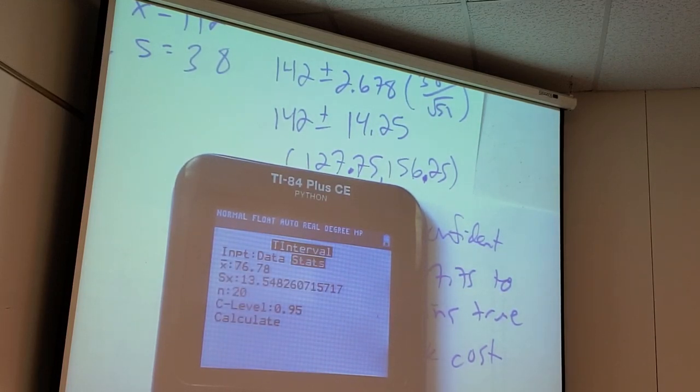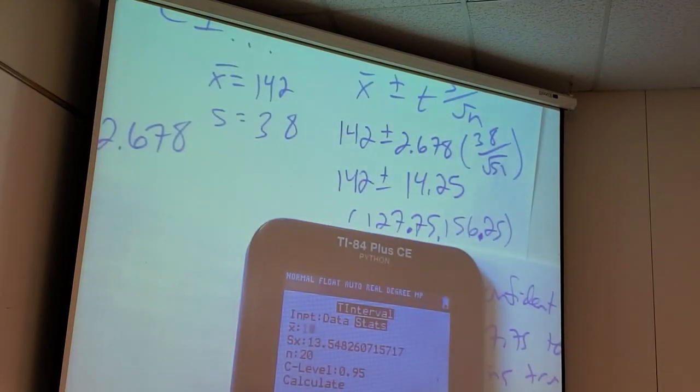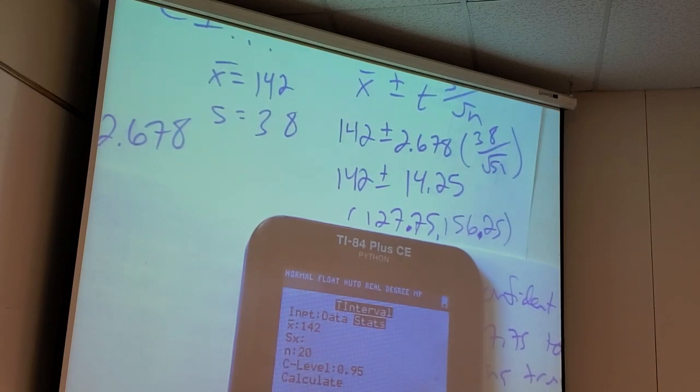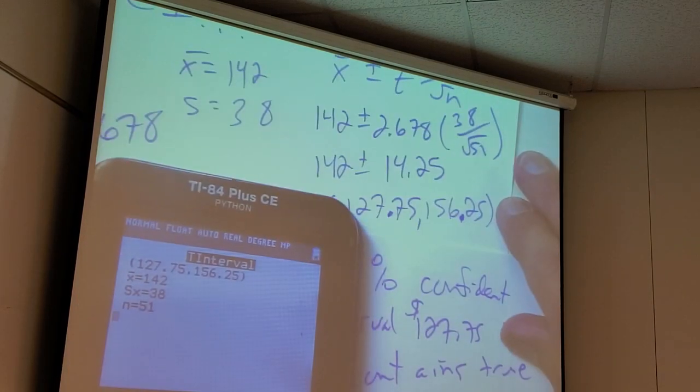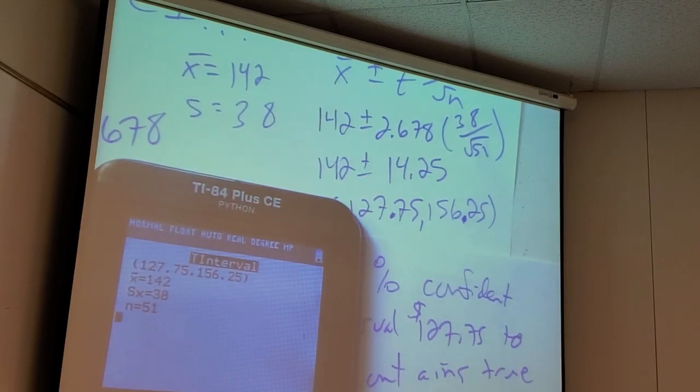So I can plug in the stats. X bar was 142. The standard deviation was 38. N was 51. Confidence level 99%. Calculate. Isn't that the same thing we just got?